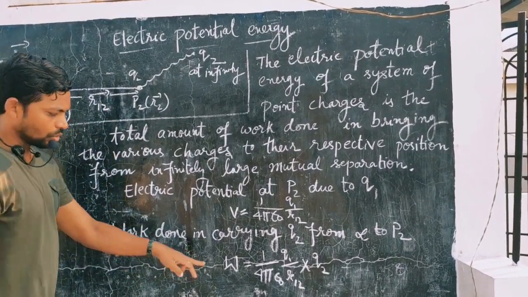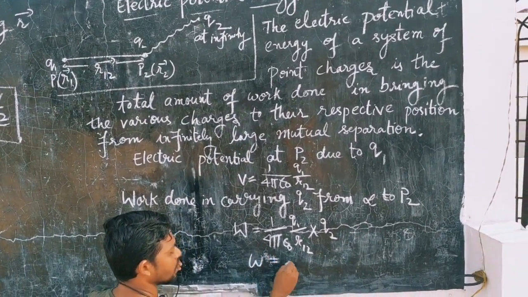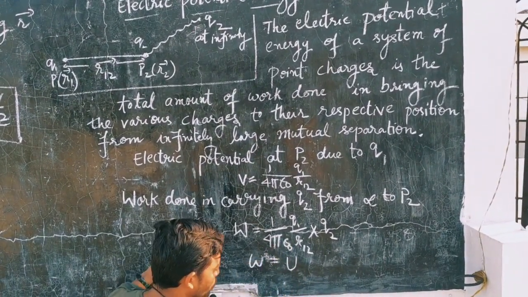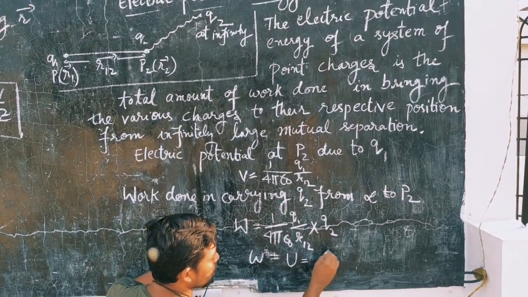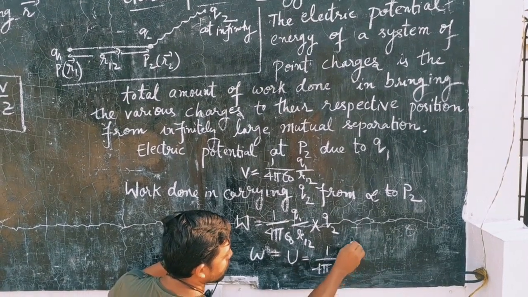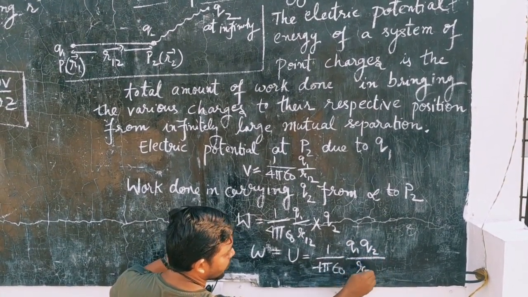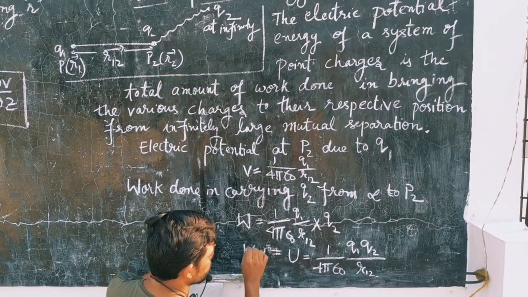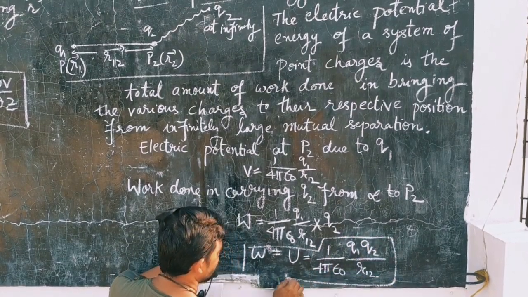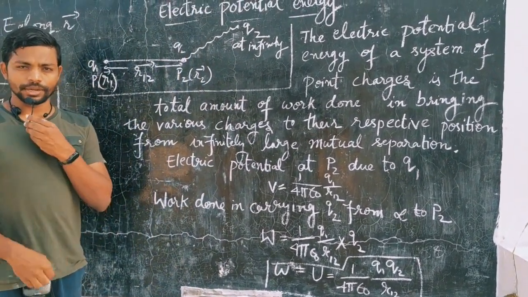So this work done W is nothing but the electric potential energy, which is given by 1 by 4 pi epsilon naught Q1 Q2 by R12. Right. So this is the expression for electric potential energy.